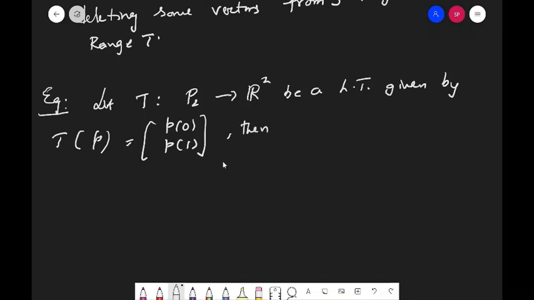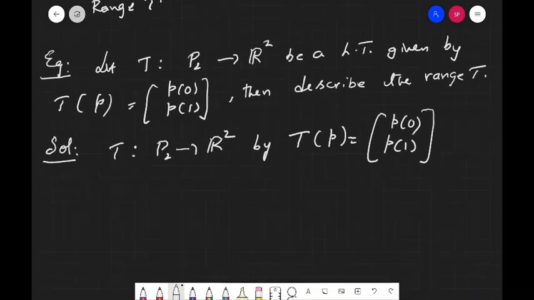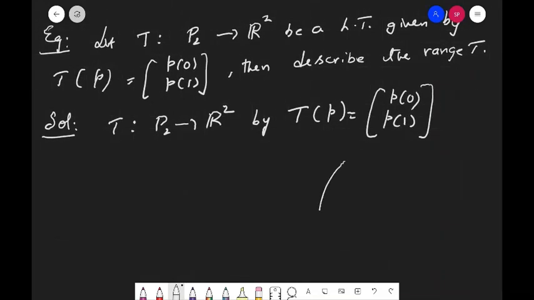Then describe the range of T. So, solution, let us go by steps. Here you are given T from P2 to R2 by T of p equals p of 0, p of 1.